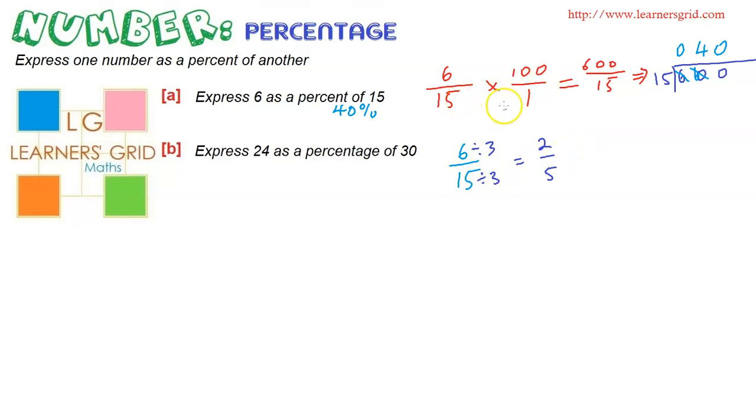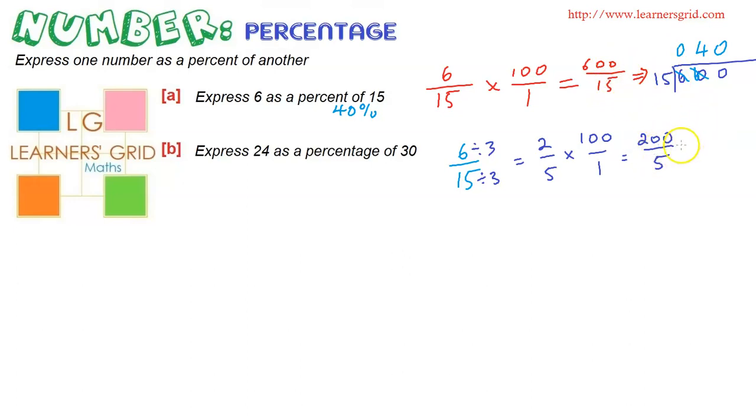Great. So from here, I can go to multiplying, because I've just renamed 6/15 as 2/5, and that might help me a bit later. So multiplied by 100 over 1, that's the percentage conversion element there. And then 2 times 100 is 200, and 5 times 1 is 5. And now, instead of having 600 divided by 15, I've got 200 divided by 5.